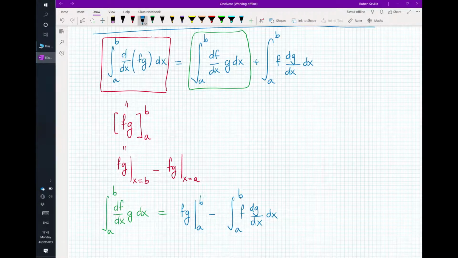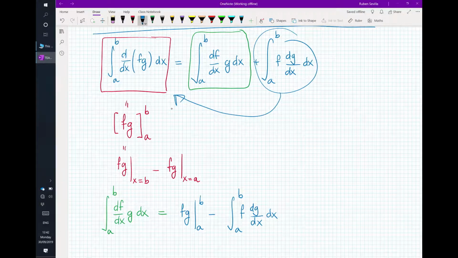Agree? So basically I took this one and moved it to the other side to allow me to isolate the green one. Yeah? That's the formula on the bottom here on the slides, okay? That's how you get it. So you simply take the derivative of a product, integrate, and rearrange stuff. Happy? Right. And now we are going to apply this formula here.